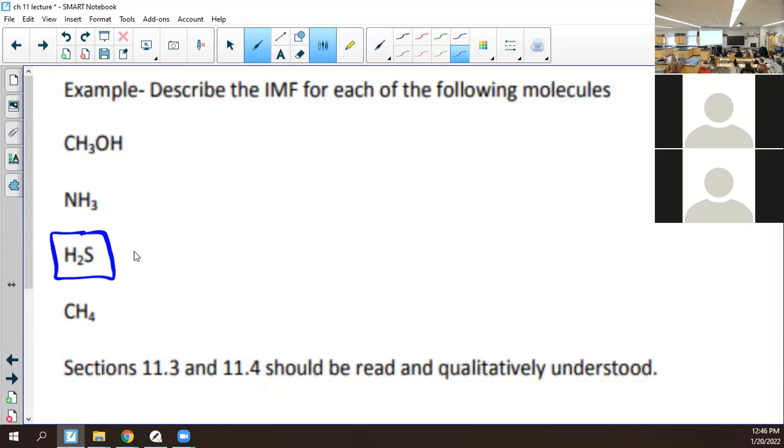You know how natural gas stinks? It doesn't actually. It has no smell, but they want you to know if there's a leak in your house. So they put a little bit of this in and it smells bad. And then this would be called, we just said it, methane. So think about these things. They're separate. I'm not mixing them together. I'm just saying, what are the intermolecular forces in a bunch of methanol?